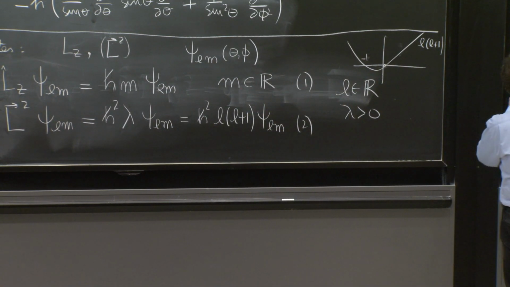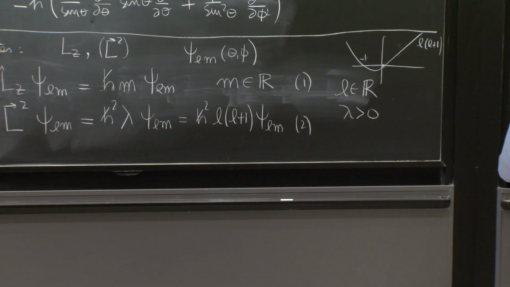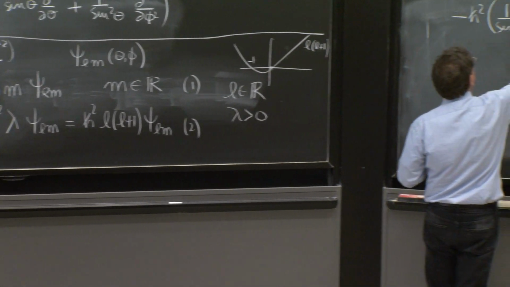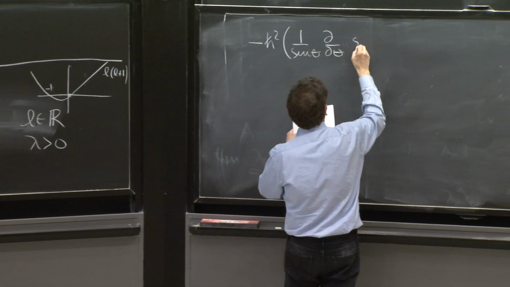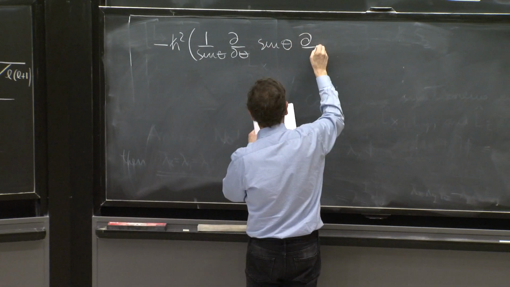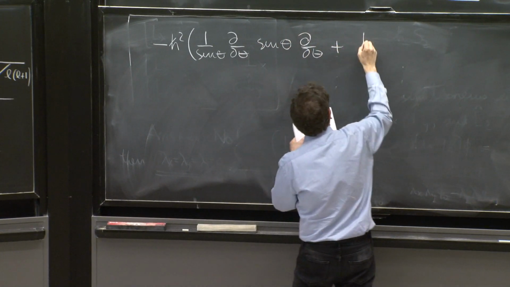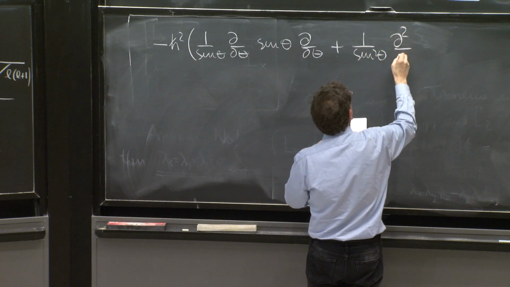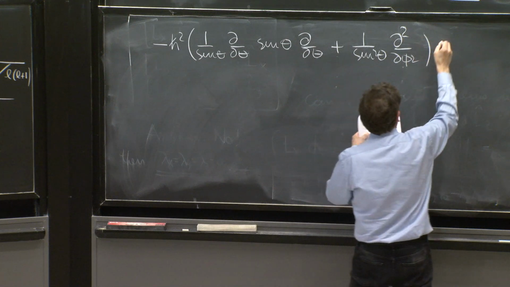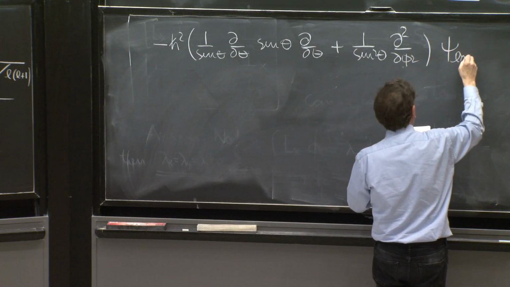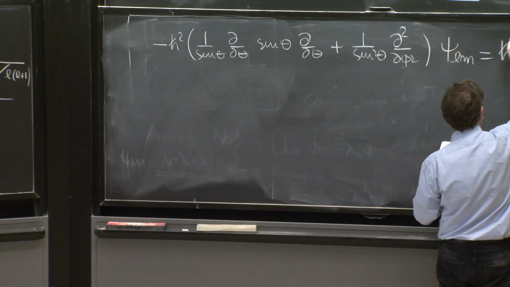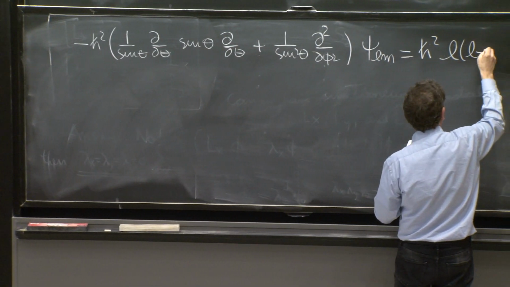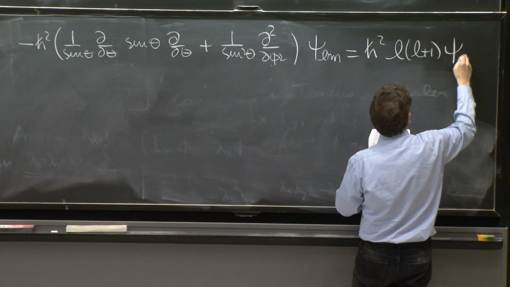So it's minus h bar squared, 1 over sine theta d/d theta sine theta d/d theta plus 1 over sine squared theta d second d phi squared, psi Lm equal h bar squared L times L plus 1 psi Lm.